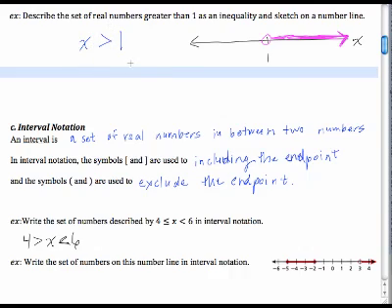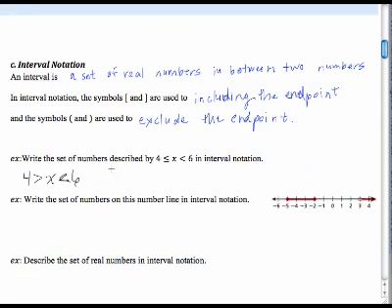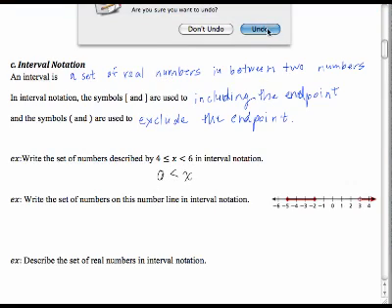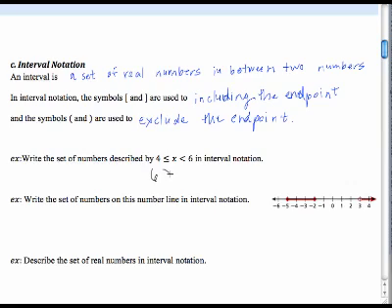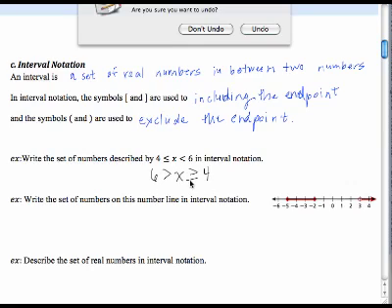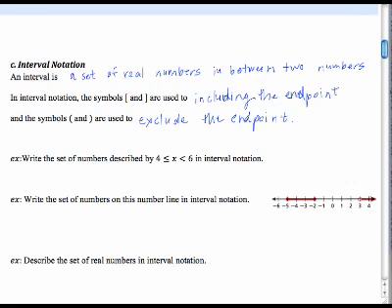But it never makes sense to have a triple inequality with the signs going opposite directions. Technically it's legal to flip everything around and write it like this: 6 greater than x greater than or equal to 4. But that's not standard. It's typical to go from smallest to biggest, so left to right. So I would not write it like that, but that's technically okay.